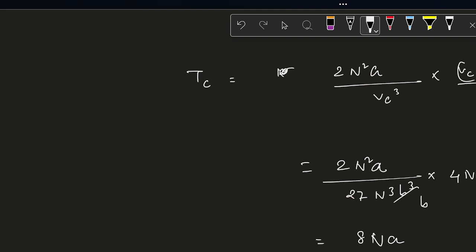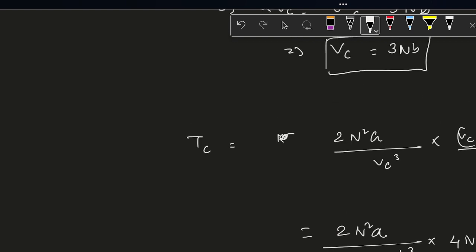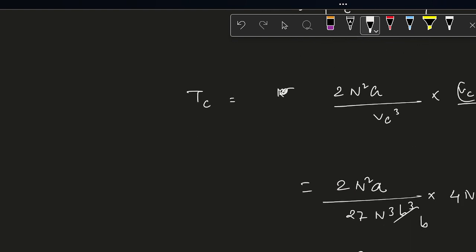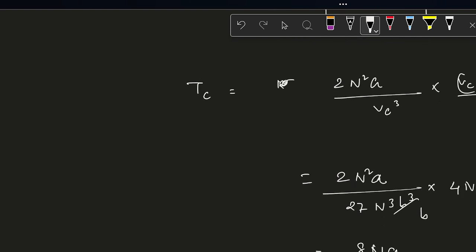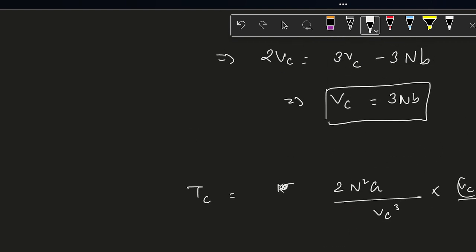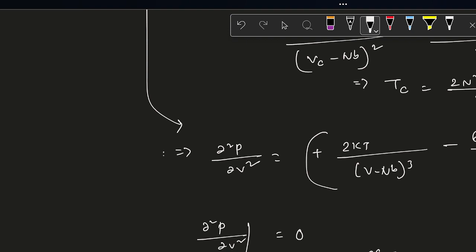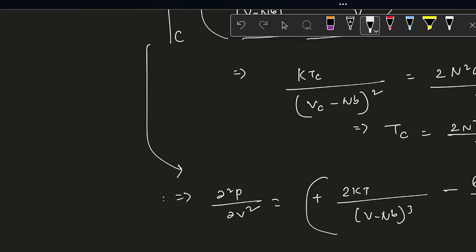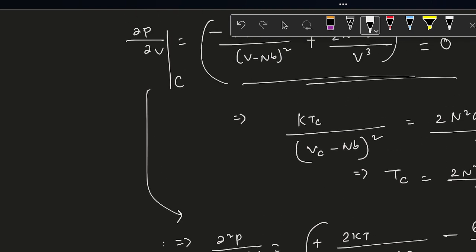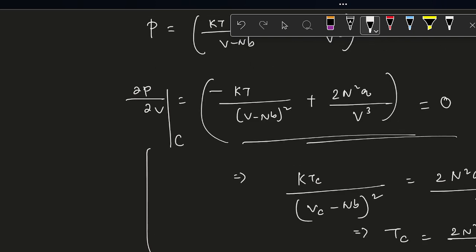It has to have some n factor missing. Let me check if I am getting this wrong. 2n squared a by Vc cube. Okay, I think there was one.